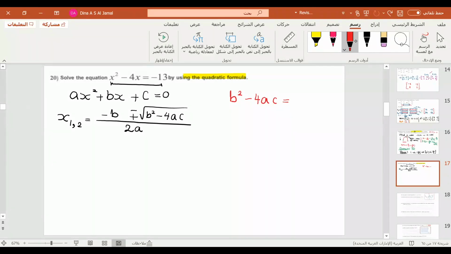So find b squared minus 4ac, substitute, so it will be minus 4 squared minus 4, and what is your a? 1. What is your c? After moving it will be 13. Great.